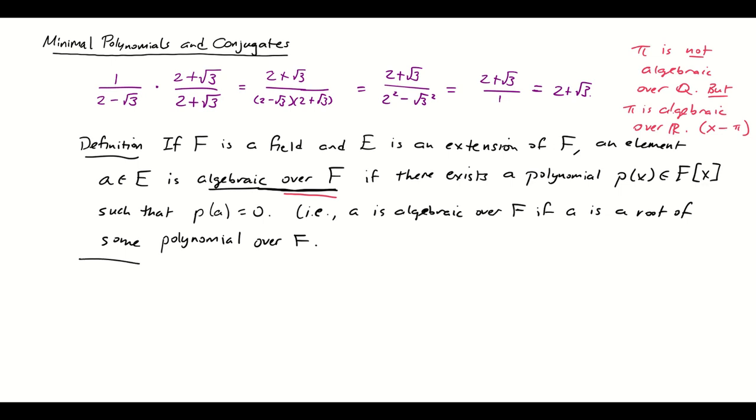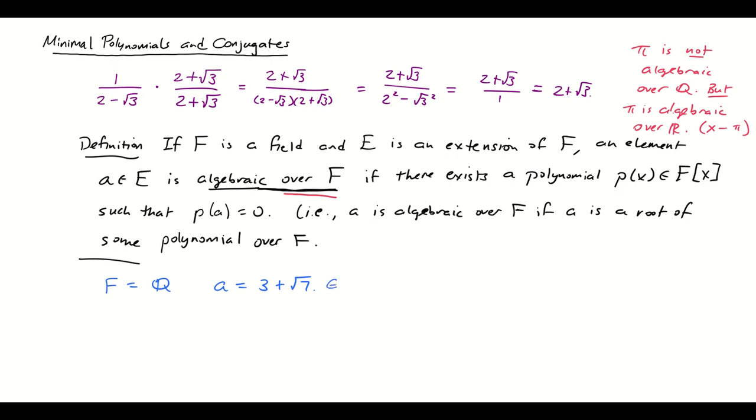Now, here's another definition. Before we get into the formal definition, let's talk about the idea of it. Let's say I have some algebraic element over a base field. Let's take F in this example to be the rationals, and let's say that our a is 3 plus root 7. It doesn't belong to the rationals, but it does belong to an extension of the rationals.